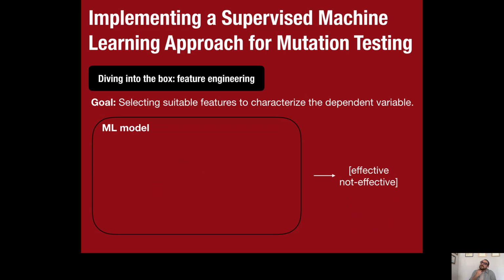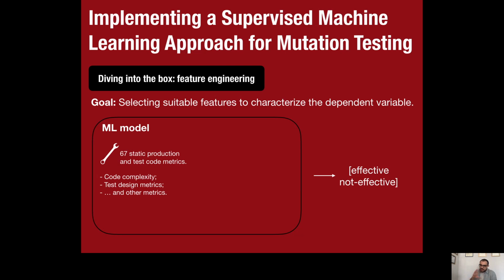So in our case, what we did was starting by reasoning on which were the features that could characterize the effectiveness of test cases. And we came up with a list of 67 statically computable production and test code metrics.